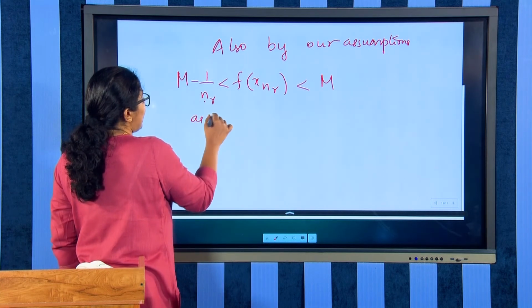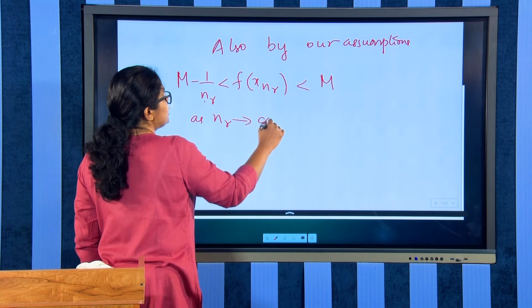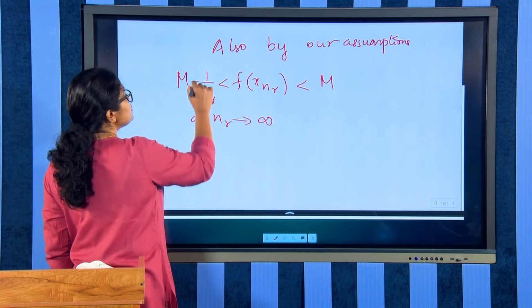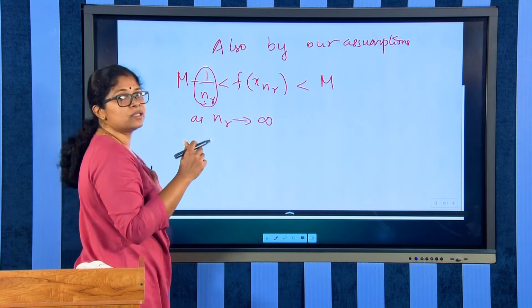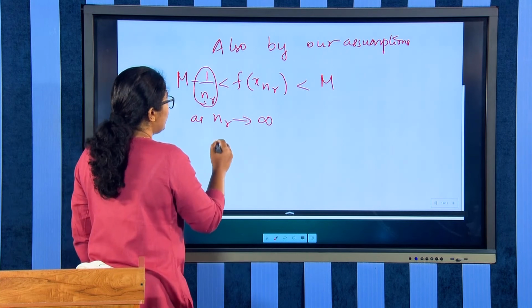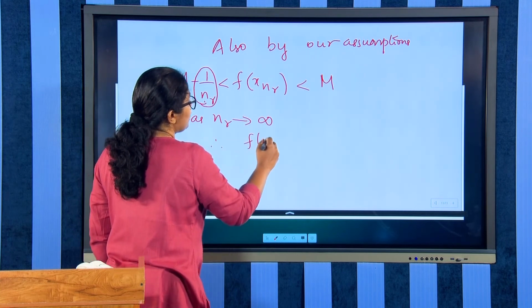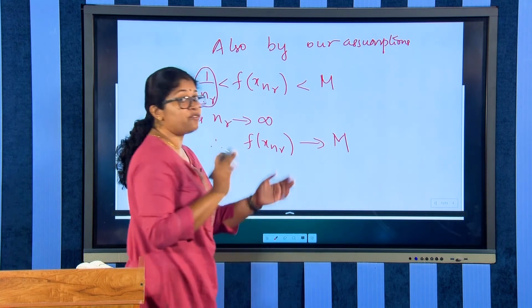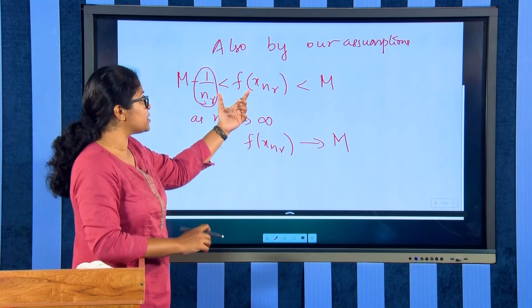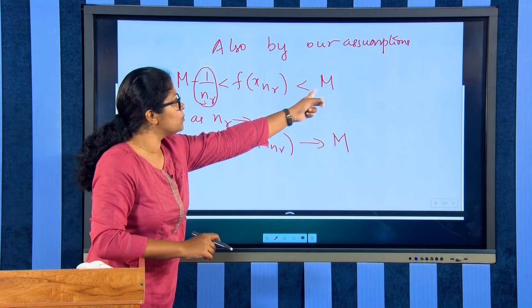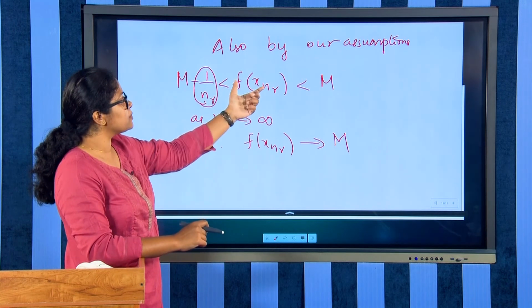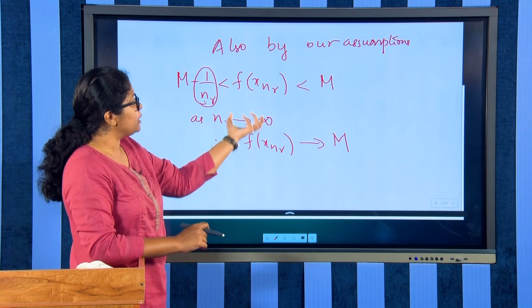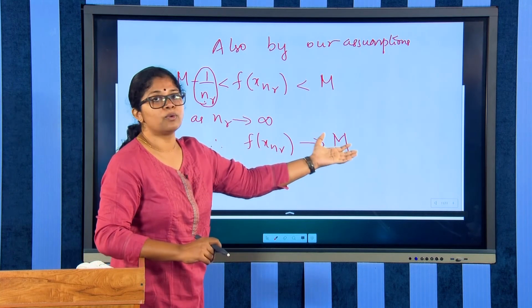So as nr goes to infinity, what happens to this term? It will go to 0. So f of xnr goes to m by the sandwich theorem that we have seen in the previous case. This side goes to m, this side goes to m, so the middle sequence also goes to m.